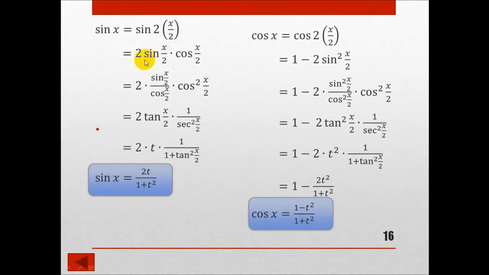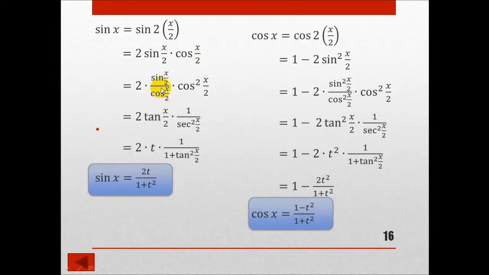So we have 2 sine x over 2 times cosine x over 2. To make a different form, we can multiply and divide by cosine, getting cosine squared x over 2.